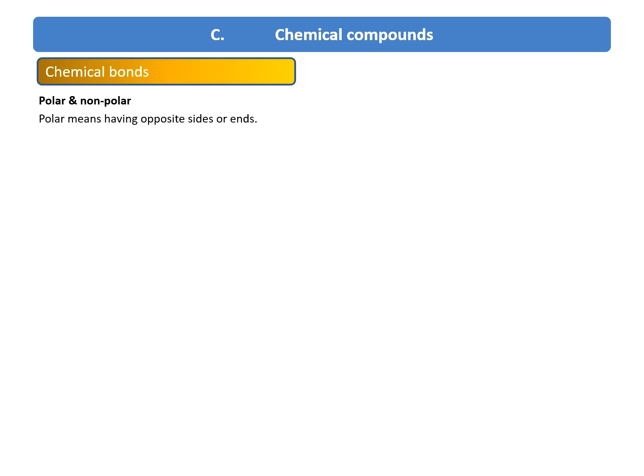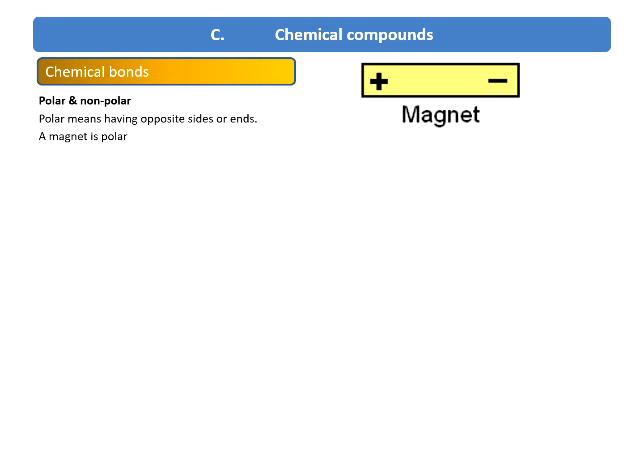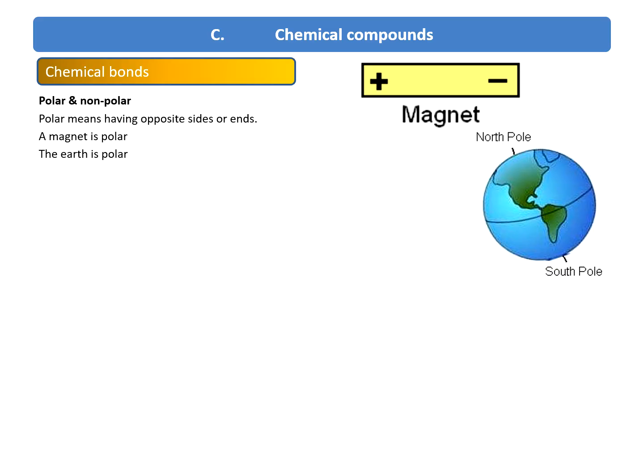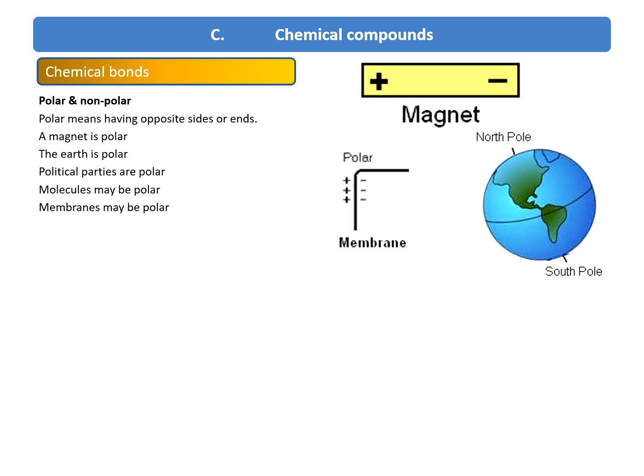Polar means having opposite sides or ends. A magnet, for example, is polar. The Earth is polar. Political parties are polar. Molecules may be polar. Membranes may be polar.